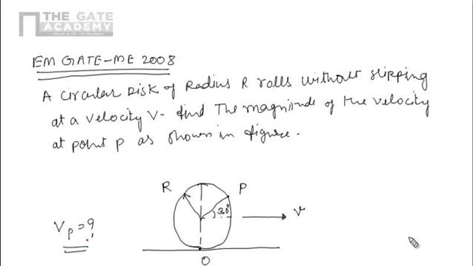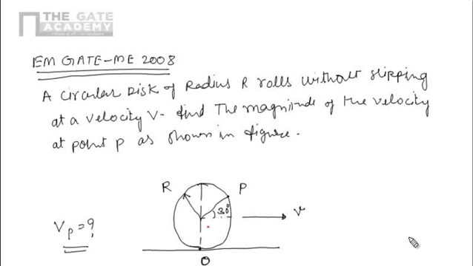So now if you see this diagram, then we can say that O is the instantaneous center at this moment. Instantaneous center O means that the disk will be in a pure rotational motion about O at this instant. So we can easily find out the angular velocity at that instant.